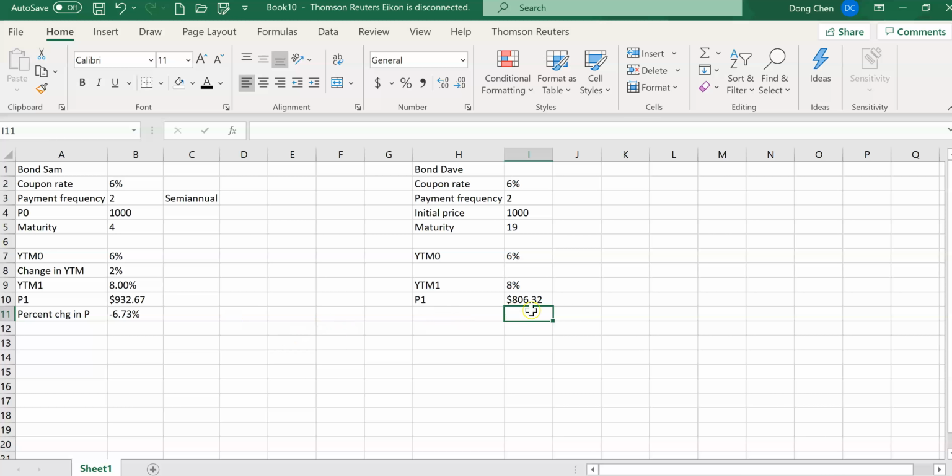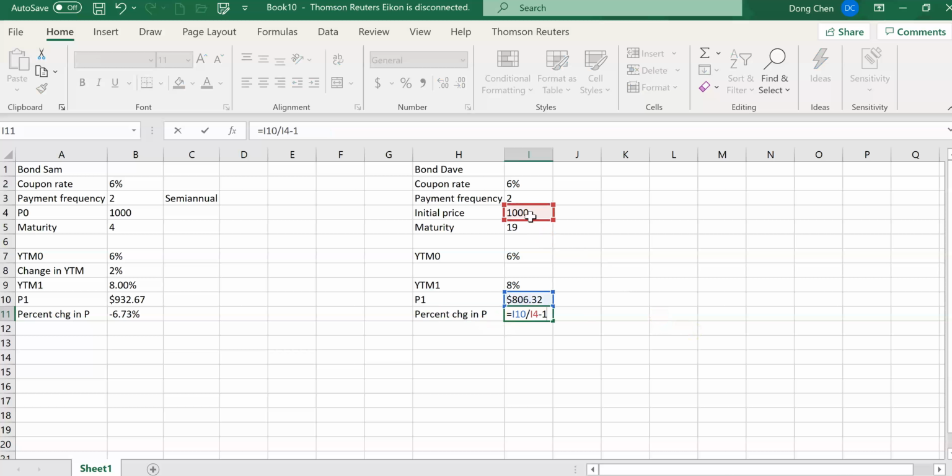So now, even without calculation, you can see that the price of the longer-term maturity bond has fallen more than the price of the shorter maturity bond, and that's what the question asks us to find out. So the percentage change in price equals the current price divided by the initial price, and then minus 1.